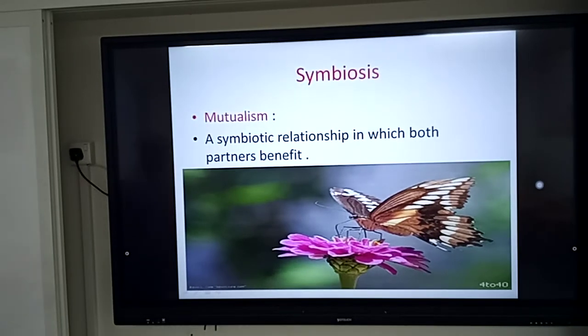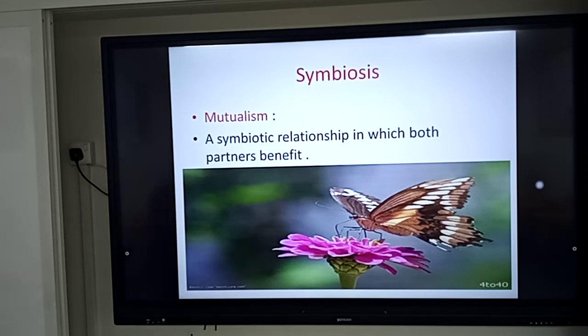The last kind of symbiotic relationship, or symbiosis, is called mutualism. A symbiotic relationship in which both partners, or both species, benefit from this relationship.